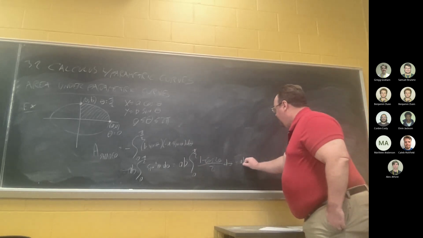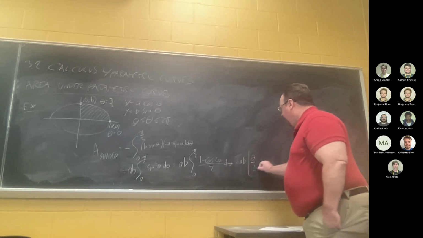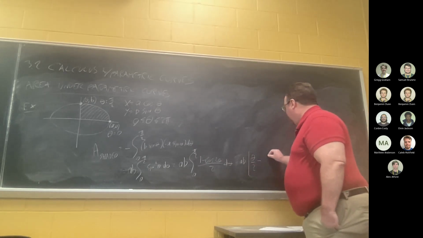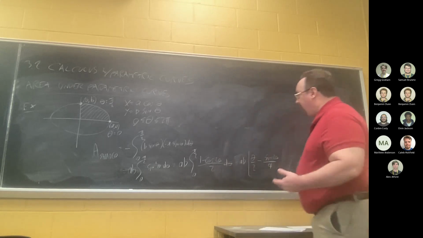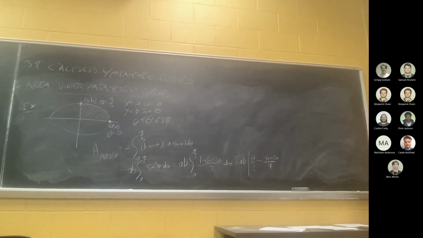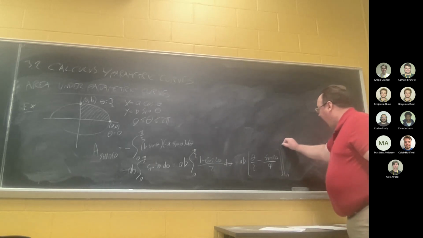So we have ab, and then we have 1/2, that's going to be theta over 2, minus sine of 2 theta over 4, because we're already divided by 2. When you integrate cosine 2 theta, that introduces another factor of 2 in the denominator, and that's with limits 0 and pi over 2.